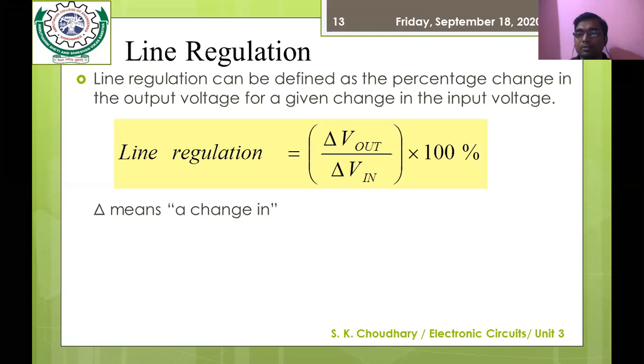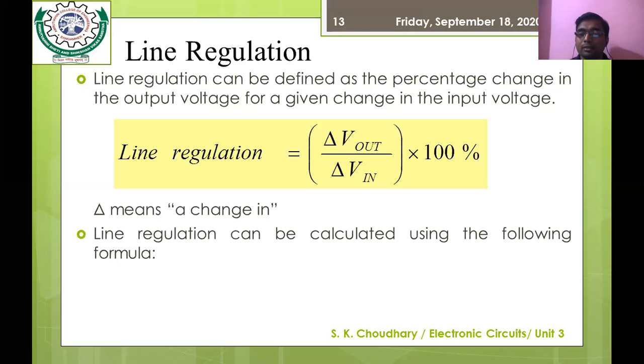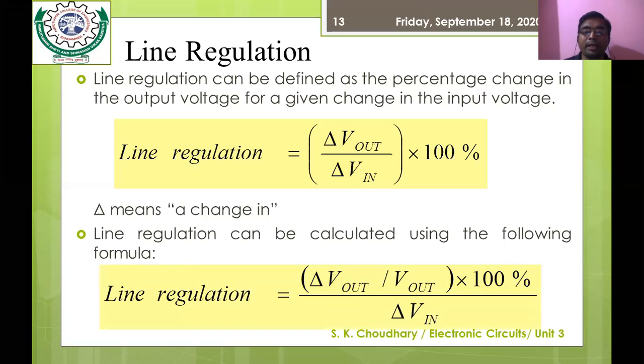Here delta means a change in the parameters or variables. Practically, we can write the formula of line regulation as change in output voltage, delta V out, upon actual output voltage V out, upon change in input voltage, delta V in, into 100. Either of the two formulas you can use, both have a similar meaning for line regulation.